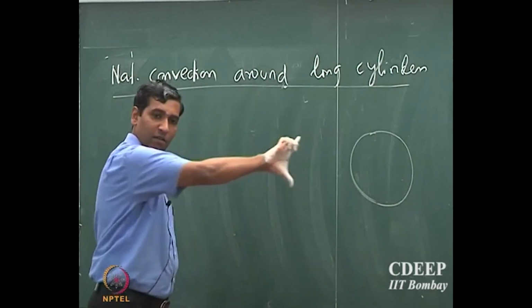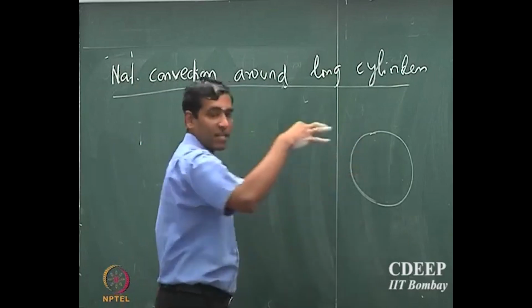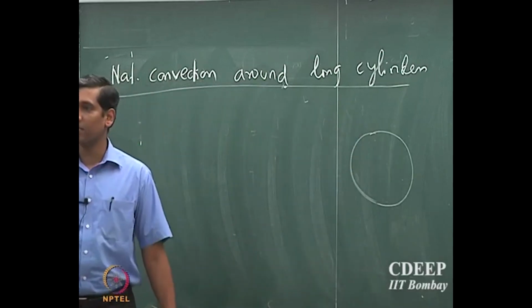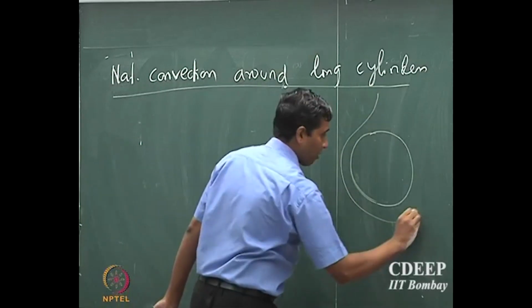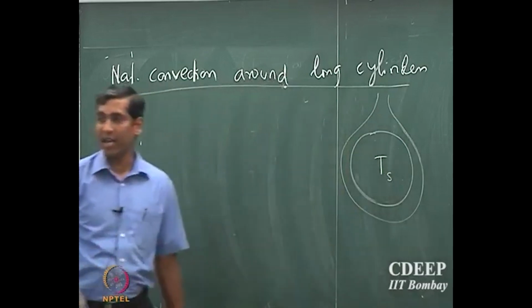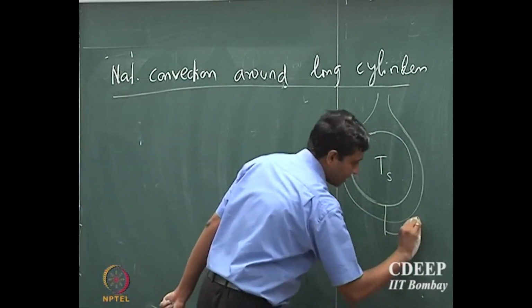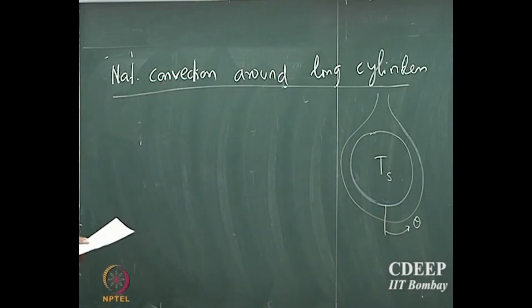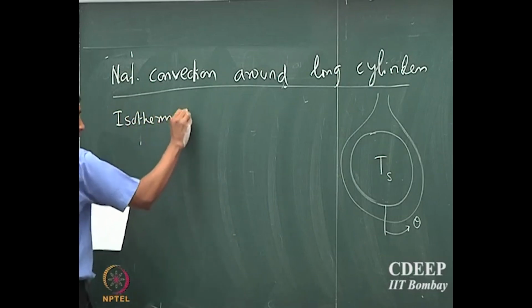We have a long cylinder which is going inside and outside the board, and let us say that this cylinder is suddenly dropped inside a quiescent fluid, and now you will have a boundary layer formed around it. This is maintained at a certain temperature Ts, and let us say this is angle theta. So, one can work out the correlations for the Nusselt number.